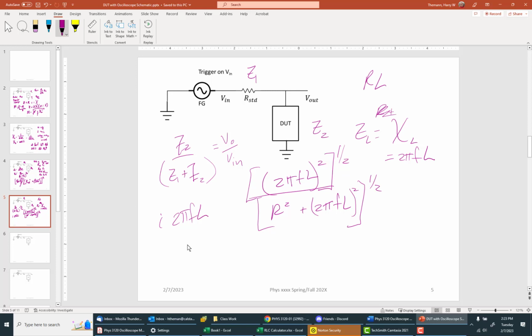To get the magnitude of that, you have to multiply this times minus i 2 pi FL, and then you square root it. In this case, effectively, it's the same thing. I don't have the i up here.